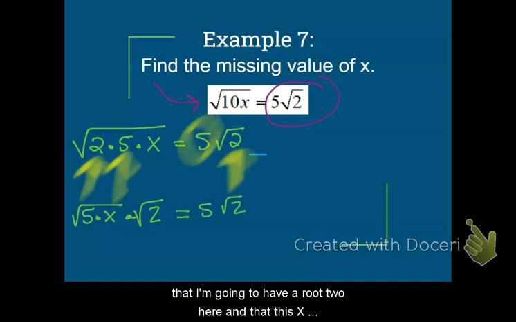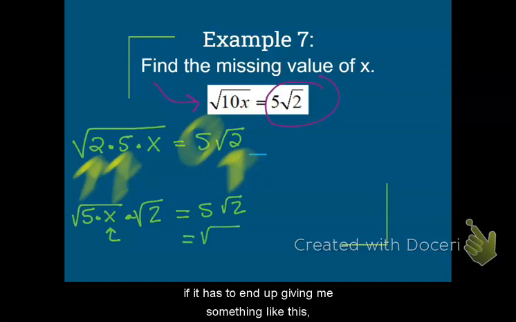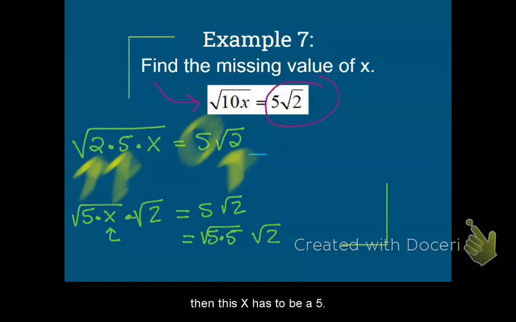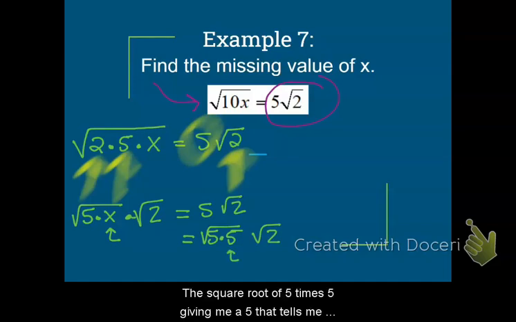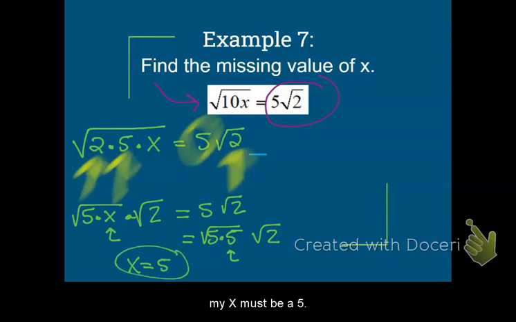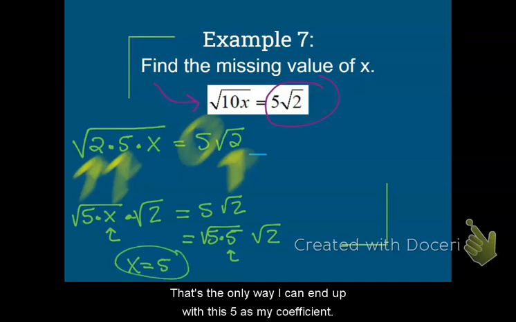And this x, if it has to end up giving me something like this, then this x has to be a 5. The square root of 5 times 5 giving me a 5 tells me my x must be a 5. That's the only way I can end up with this 5 as my coefficient.